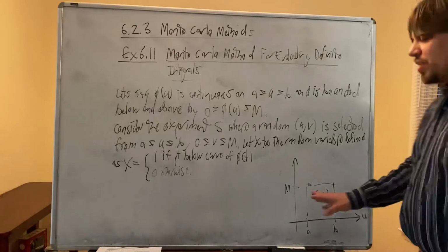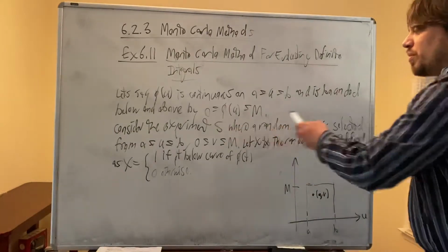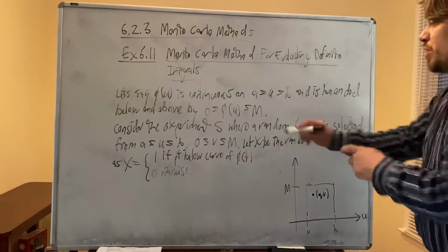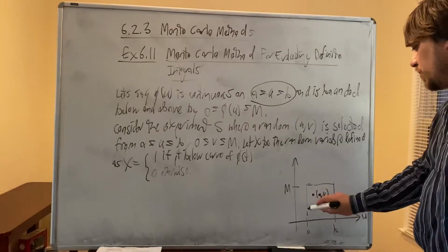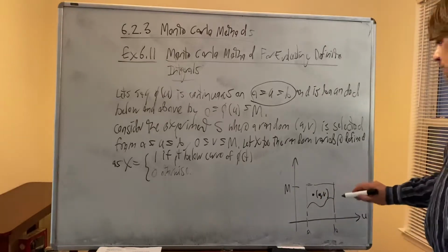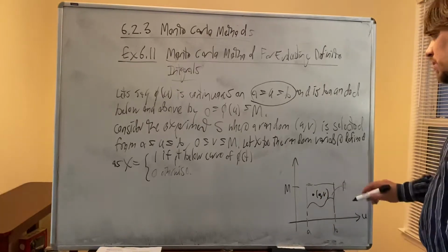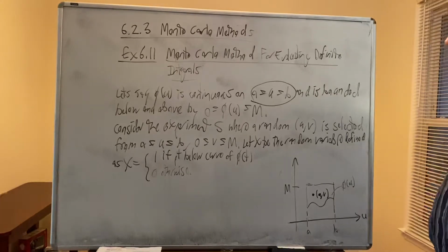Okay, so we're going to select a point at random (u, v), and so let's say we think of phi, right? Phi ranges from 0 to capital M, where u is between a and b. So phi of u is a continuous function, like that. That's phi of u, where u is from a to b.